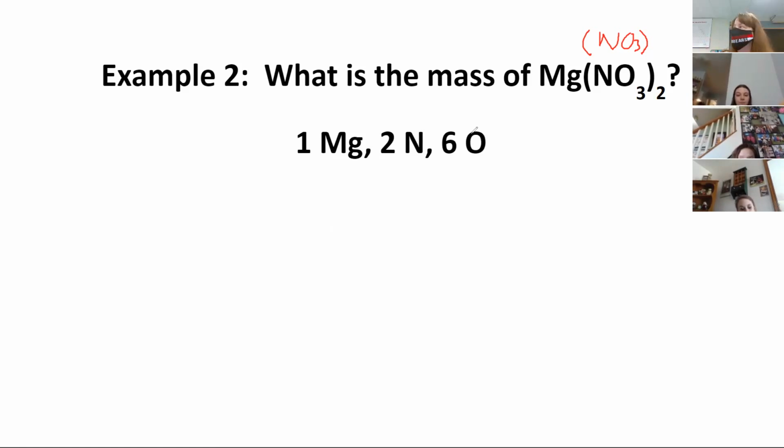Another way to look at this, rather than just picturing 2 entire nitrate groups, is just like in math, when you have things inside parentheses and then a number outside the parentheses, if you're doing multiplication, you distribute the multiplication through the entire thing that's inside the parentheses. So if we think of this as being a 1 here and a 3, if we take the 2 times the 1, that gives us our 2 nitrogen. And if we take the 2 times the 3, that gives us our 6 oxygen.